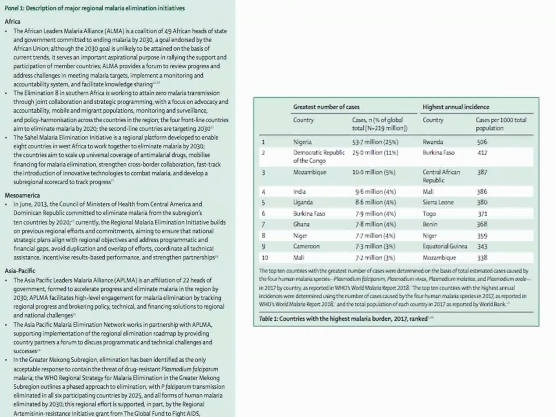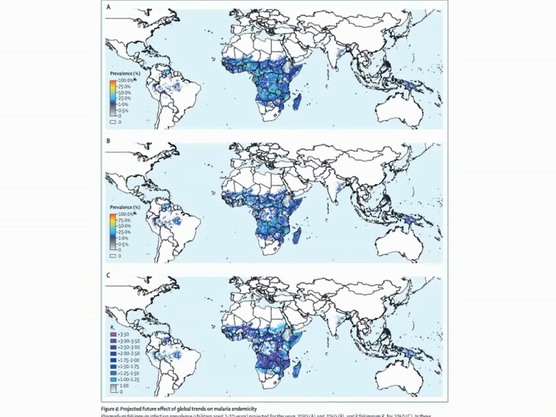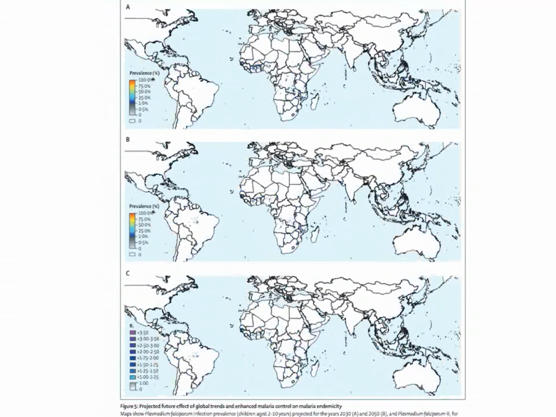So here are the countries that require the most attention. Here are the areas on the planet that are particularly in need, and the prevalence of the condition as is, and what could possibly be achieved with the appropriate prophylactic measures, and there are a whole variety.